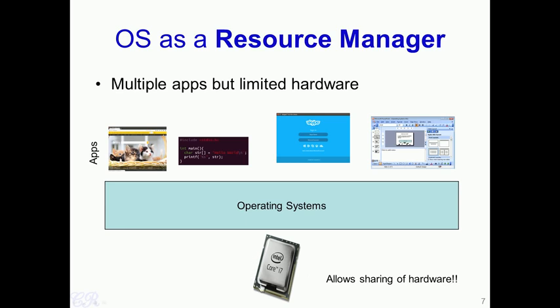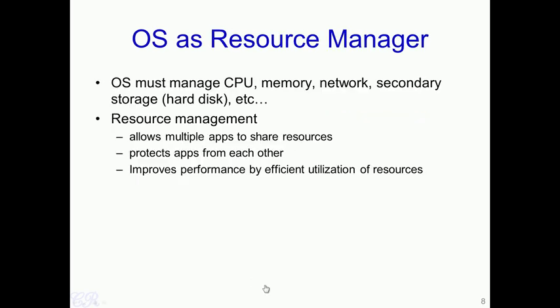Now, within this computer hardware, there are several components which the operating system manages. For example, the CPU, the memory, network, the secondary storage devices like the hard disk, the monitors, and so on. So, all these components within your computer have a restricted amount. So, you may typically have around 2 or 4 or 8 CPUs present in your system.